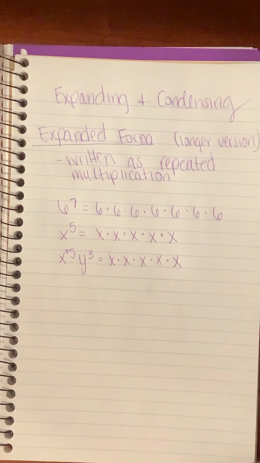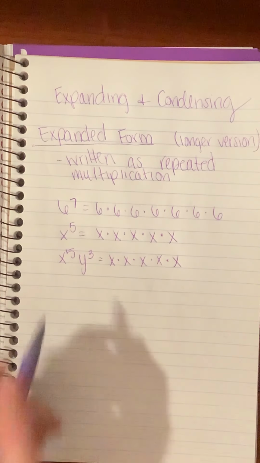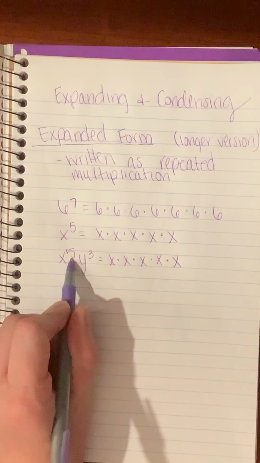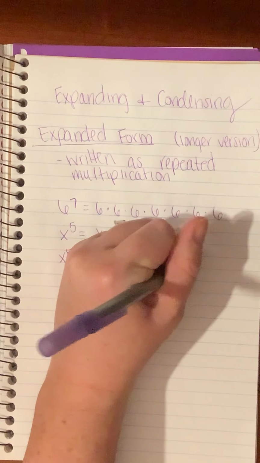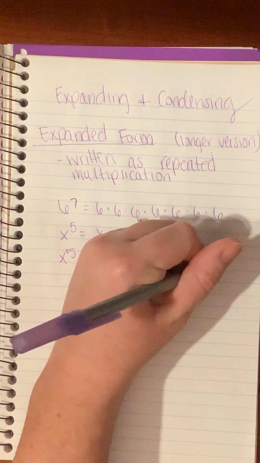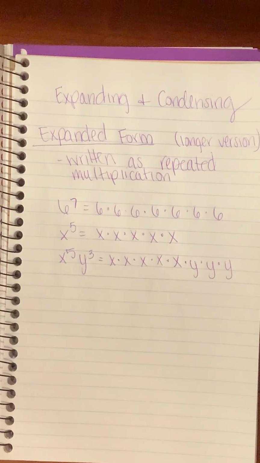I've multiplied x by itself 5 times because x's power is 5. But now I have y to the 3rd power. So now I have my base y multiplied by itself 3 times.